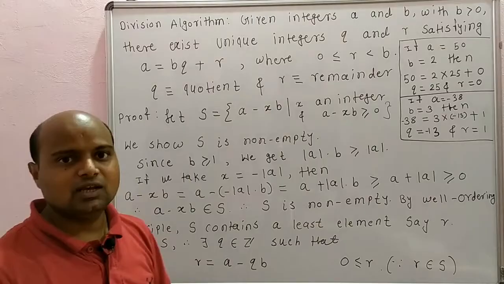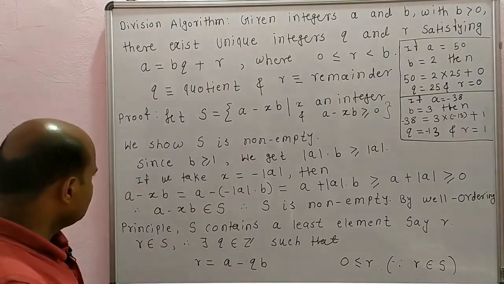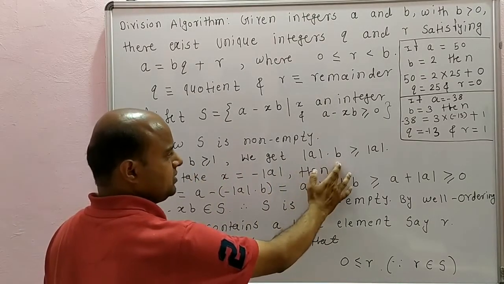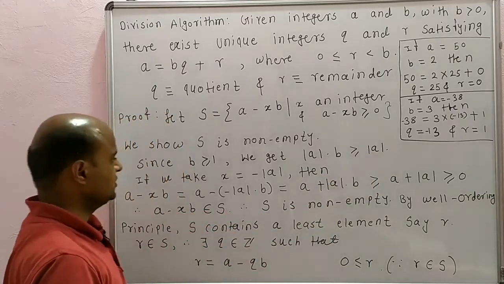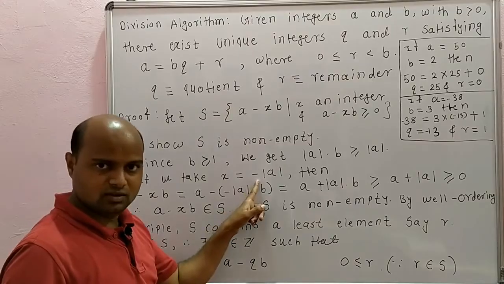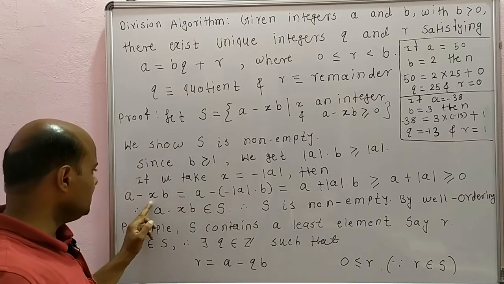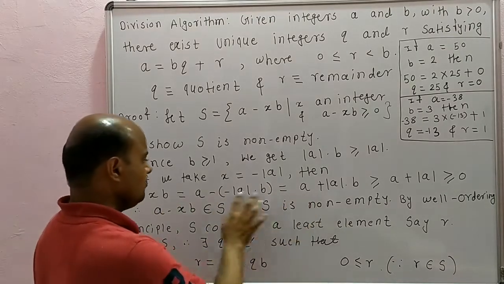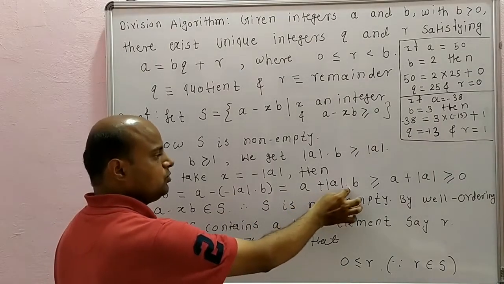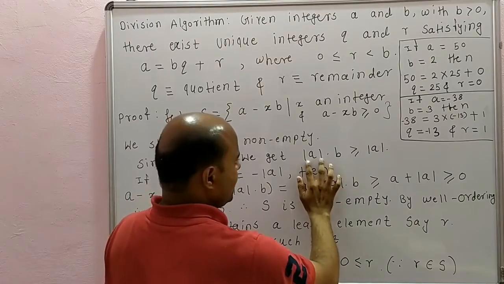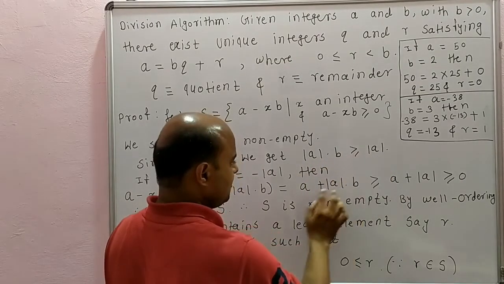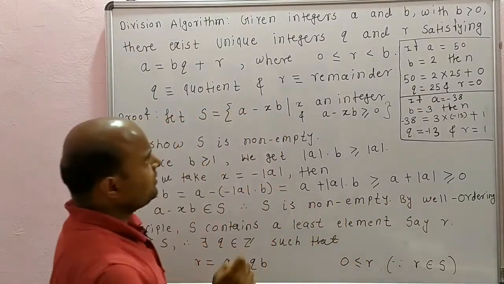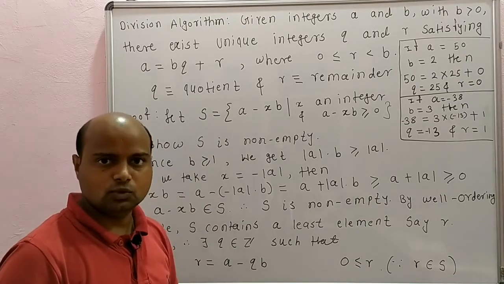Firstly, we will show S is non-empty. Since B is greater than or equal to 1, we will get mod of A into B is greater than or equal to mod of A. So, take X to be minus mod of A, then we will get A minus XB is equal to A minus in bracket minus mod of A into B, which is A plus mod of A into B. But mod of A into B is greater than or equal to mod of A. Therefore, A plus mod of A into B is greater than or equal to A plus mod of A. A plus mod of A is always greater than or equal to 0.